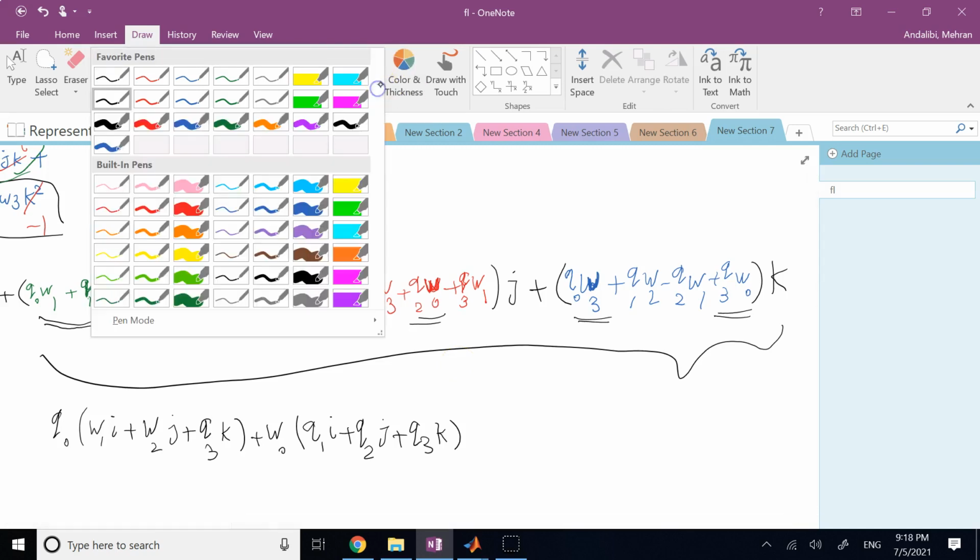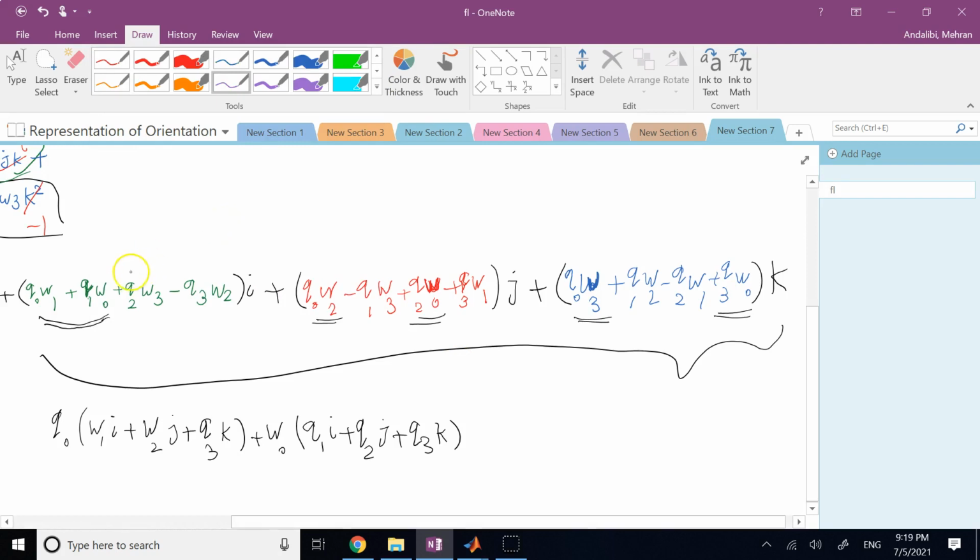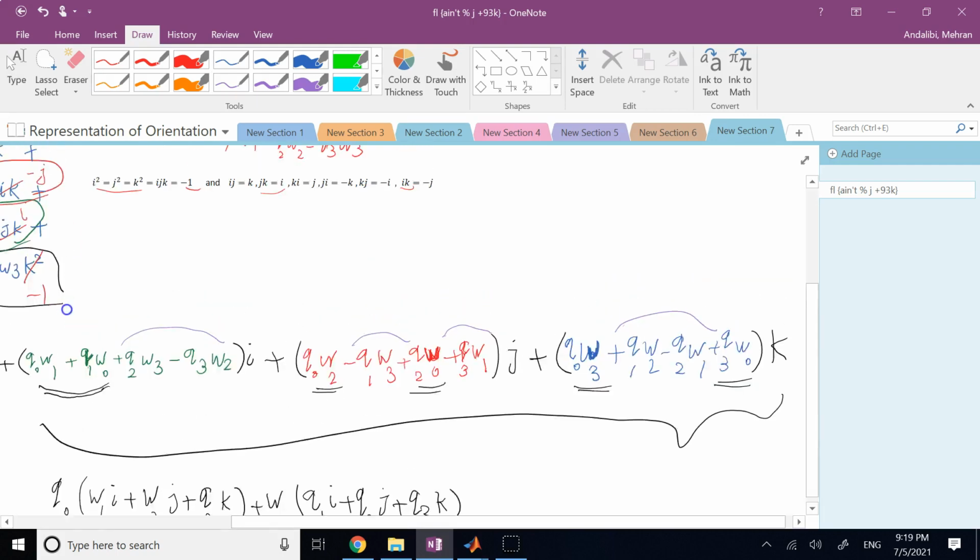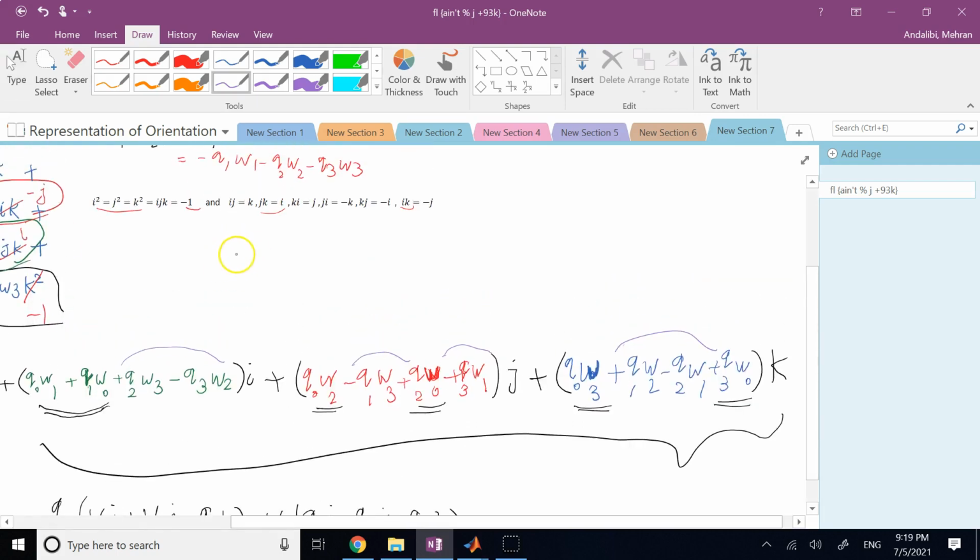And then on the other hand, you have some terms here that have other Q's and W's, and one of them is positive, one of them is negative, like these guys. And what are these? Well, if you do cross product of zeta 1 and zeta 2, what does it mean?